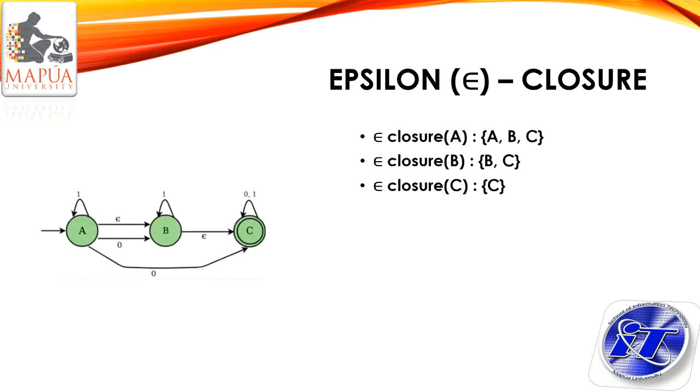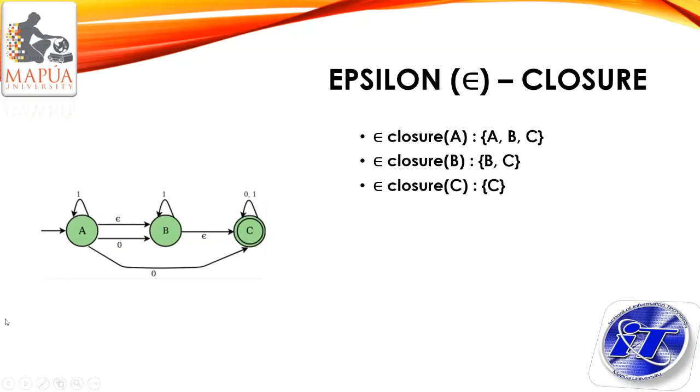Going back to this example, the epsilon closure of A is itself first, and the other states that could be reached through epsilon transitions.